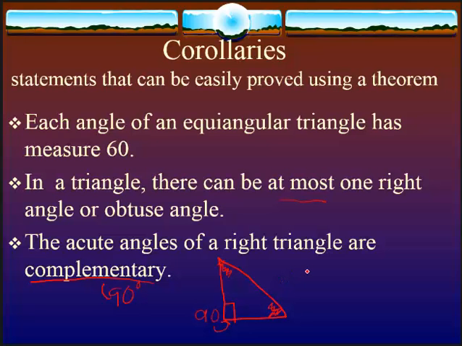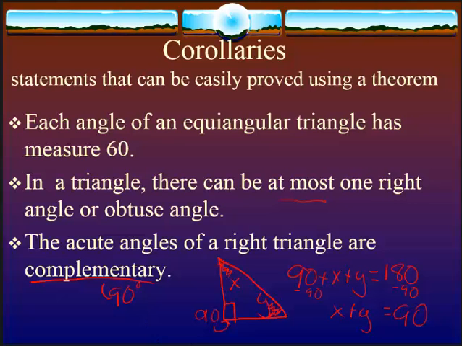Because 90, we'll call this x, we'll call this one y, plus x plus y has to equal how much? All three angles of a triangle add up to 180. If I subtract the 90, then my two angles that are left together have to equal 90 degrees. So they have to be complementary.